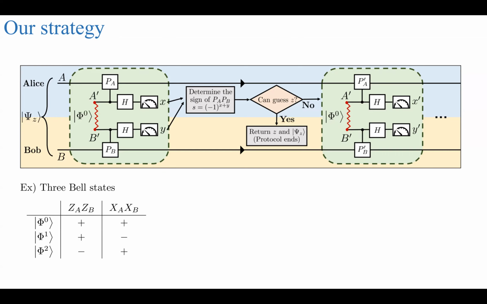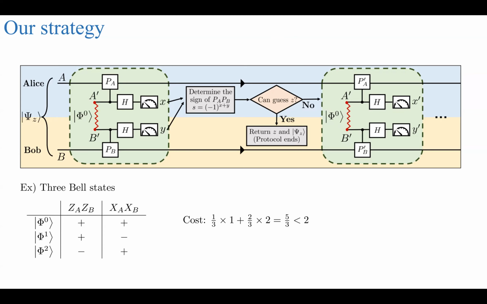So any three Bell states, without loss of generality, can be chosen, which is represented by this table of the stabilizer generators. For each of these boxes, we need one EBIT. In the table, if we first measure the sign of the Z generator and the outcome is minus, then we can finish the whole strategy because we know the state.